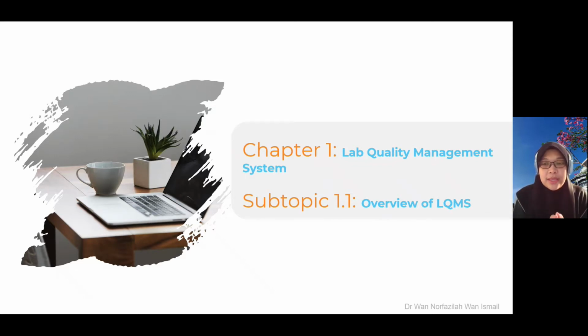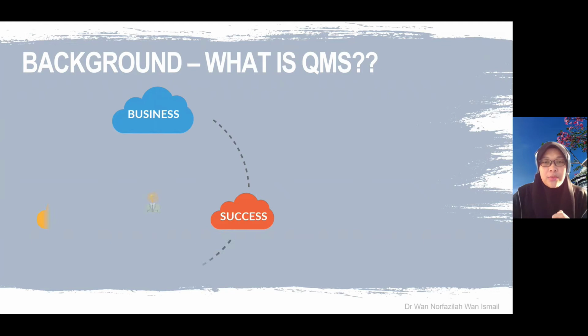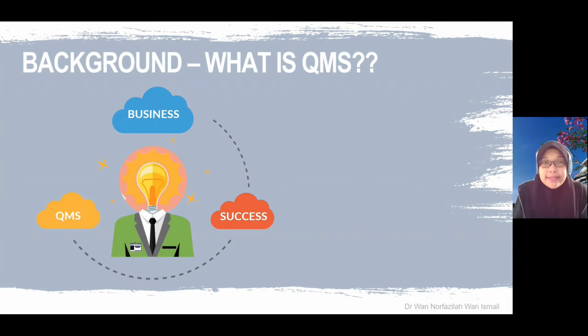Okay, the first subtopic is overview of LQMS, laboratory quality management system. We already talked about what is quality just now. So that one is only a general one. And now we are going to focus on quality management system.